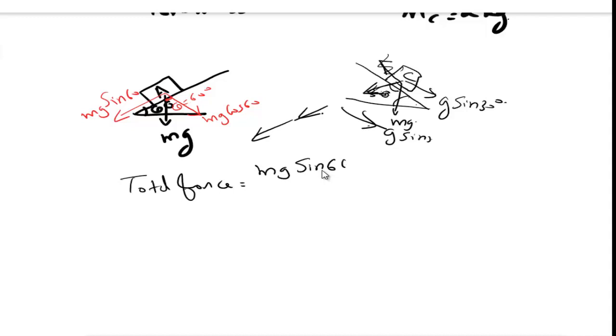So m1 g sin 60 plus m2 g sin 60, then in the just opposite direction sin 30 is acting, therefore we can give that as minus m3 g sin 30.